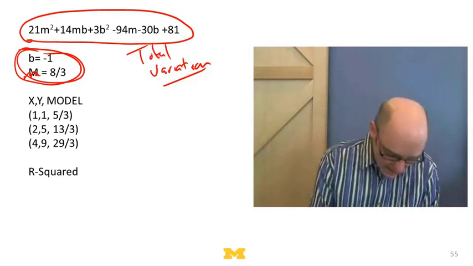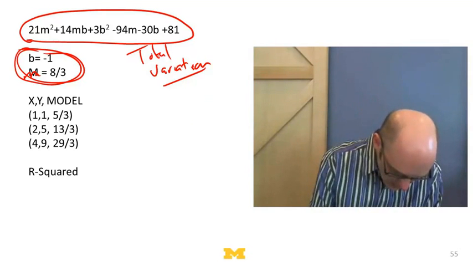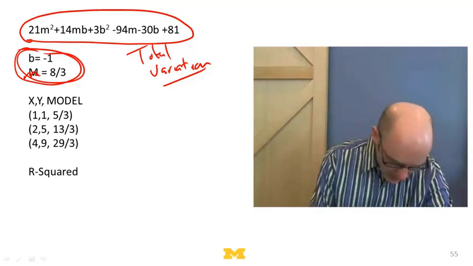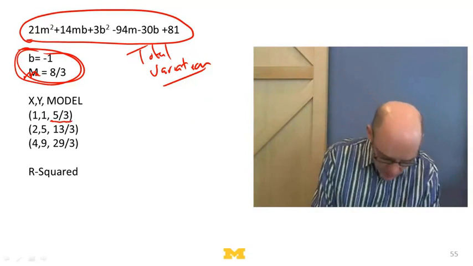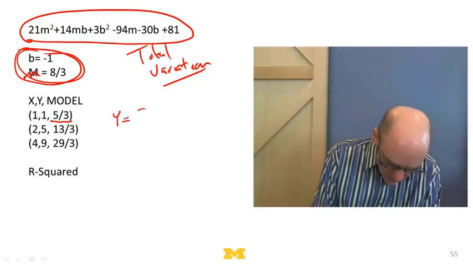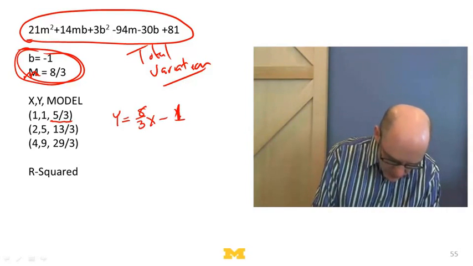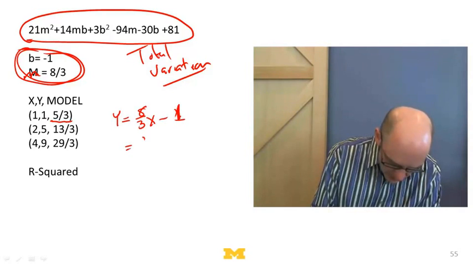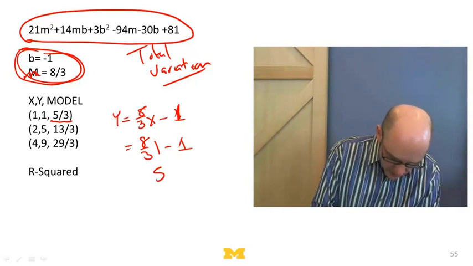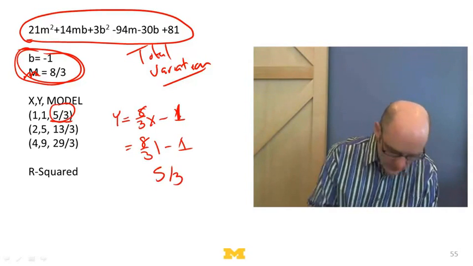Now when we do that, what we're going to predict is that when x equals 1, our model now says y equals 8/3 x minus 1, right? So when x equals 1, we're going to get 8/3 times 1 minus 1, so that's going to equal 5/3, right?